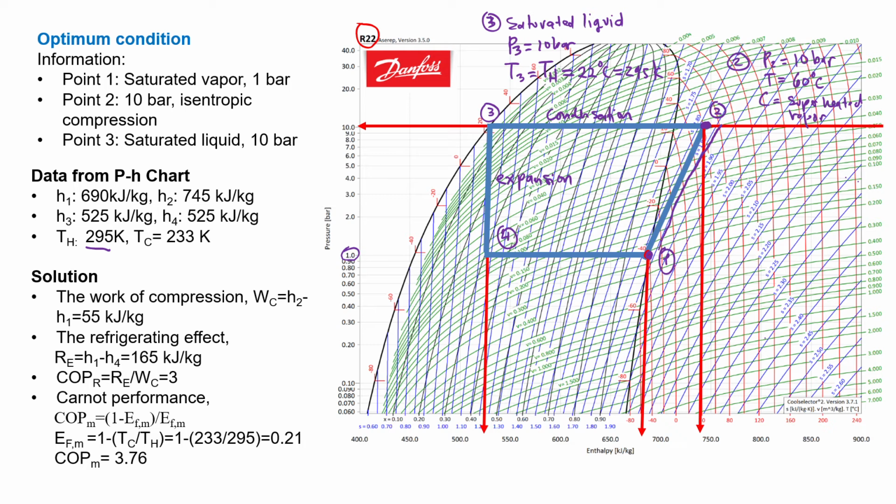I'll write it here: P4 equals P1 equals 1 bar. If you ask what's the condition, you see it's in between the saturated liquid and saturated vapor, so it must be a mix of liquid and vapor.